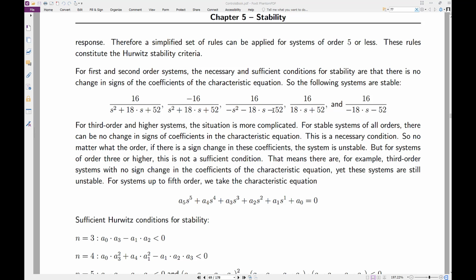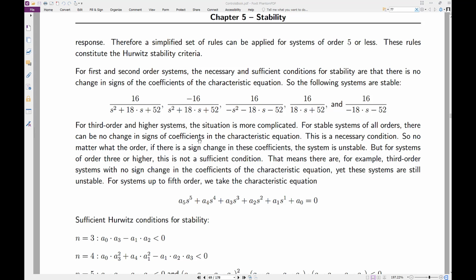If you don't have sign changes, that doesn't mean that the system is stable. It means that it can be stable, but there are other conditions that the system needs to meet before you can conclude that it is stable. So no sign changes is a necessary condition for stability, but it is not a sufficient condition.